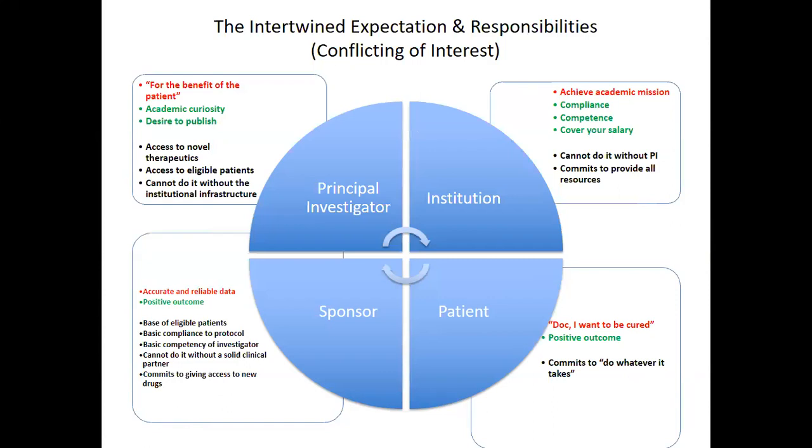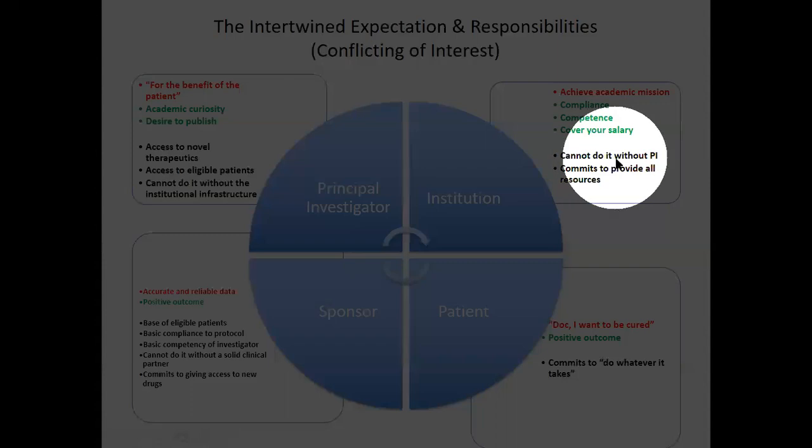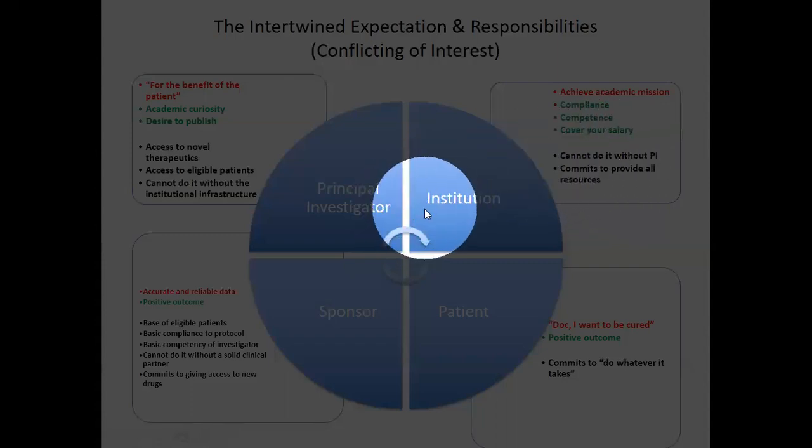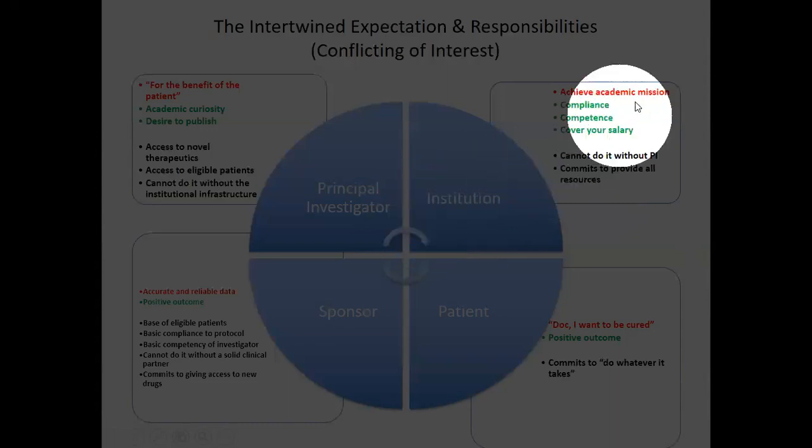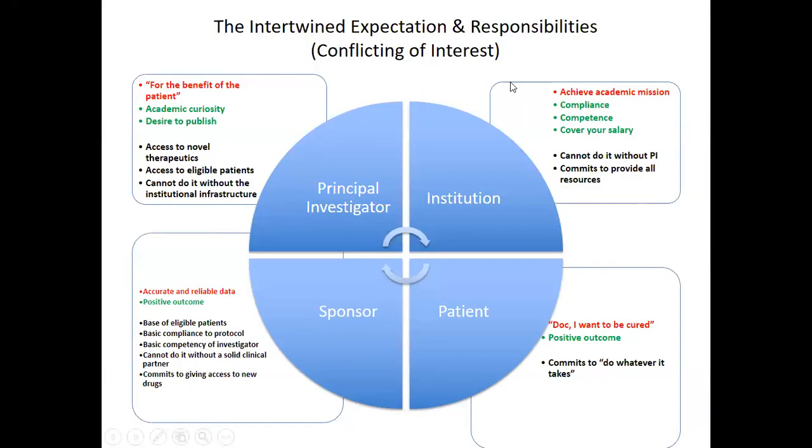And the institution really commits to provide every resource for you. But after all, there is also an altruistic mission of the institution, but also an opportunistic mission, because we want to be top 10. Top 10 means high impact journals. High impact journals mean more publications, etc., etc. So we all have some reason to do this for our own benefit.